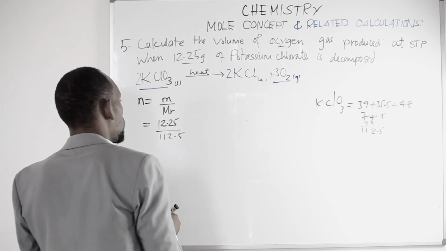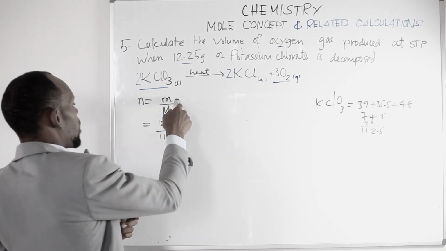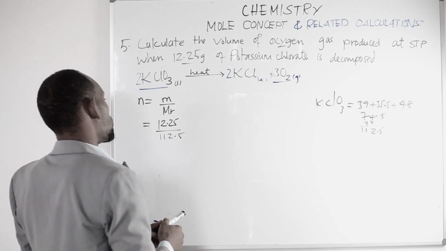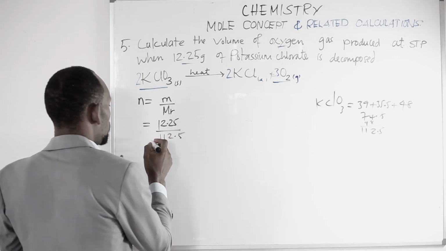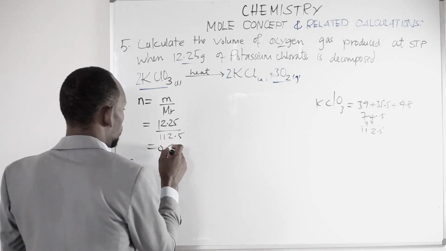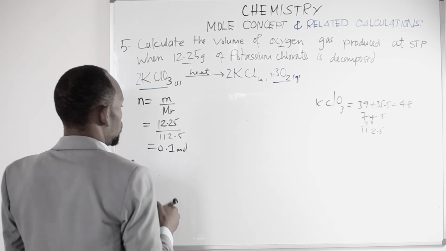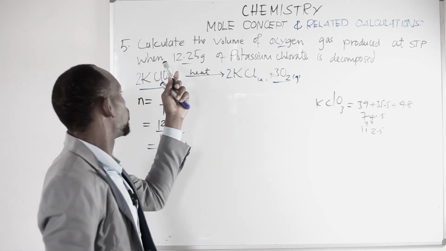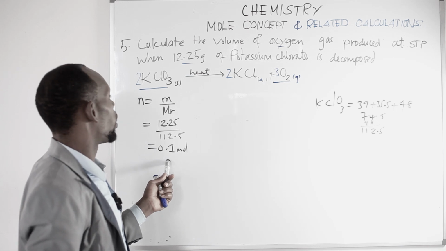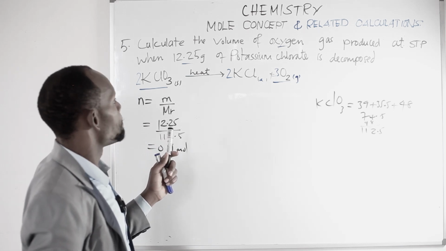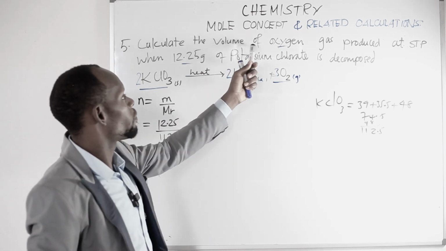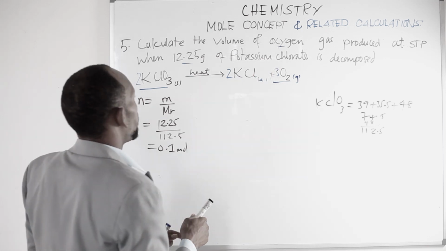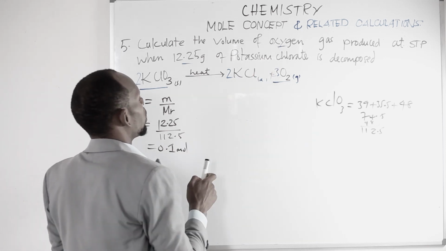Taking this mass over molar mass, we get 0.1 mole. So for potassium chlorate, the number of moles is 0.1. But I am required to find the volume of oxygen, so how about the number of moles of oxygen?